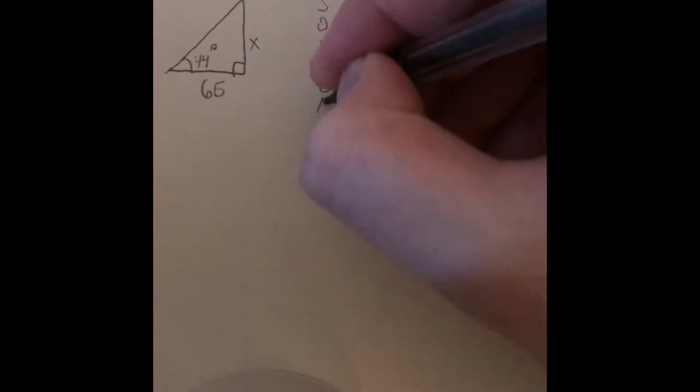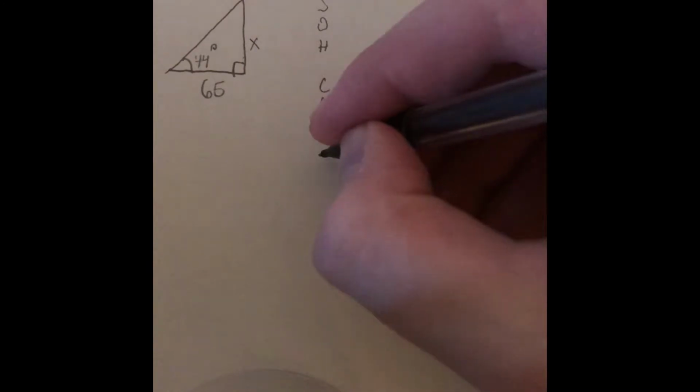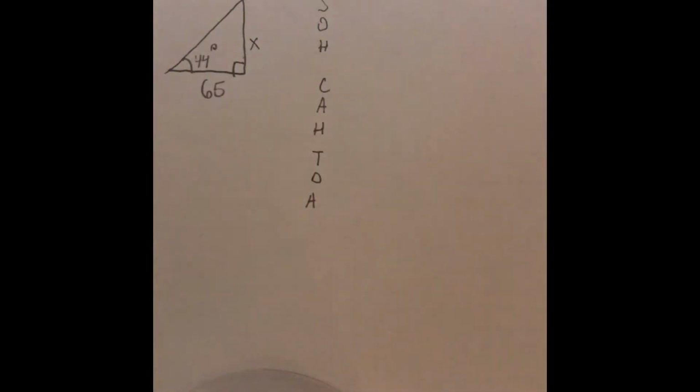Okay. So because it is a right triangle, we can use SOH CAH TOA. You might have heard this before. If not, it'll be a good review.